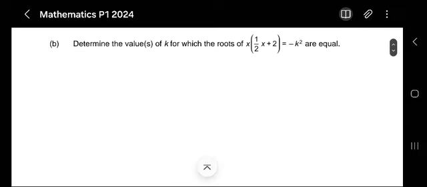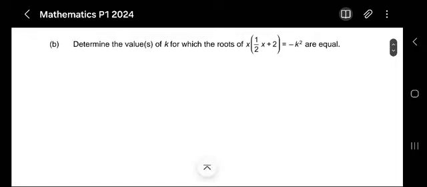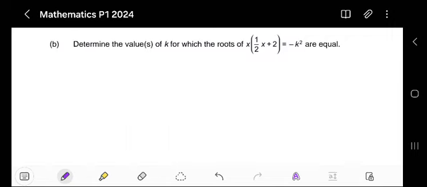Part B says determine the value of k for which the roots of x times (1 over x plus 2) equal to minus k squared are equal. They're talking about equal roots. You can simplify that first.